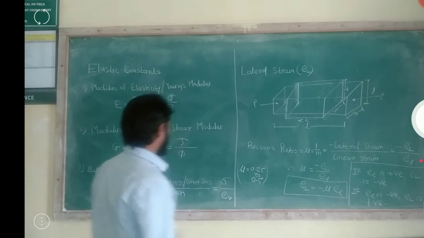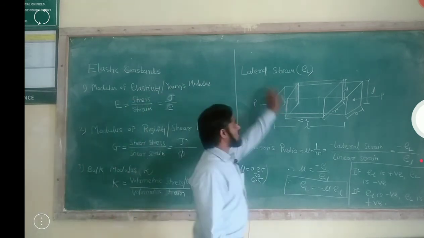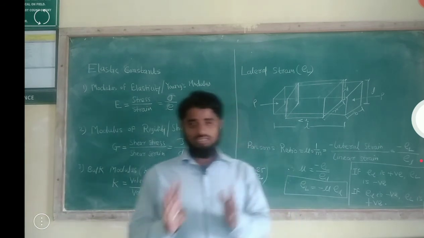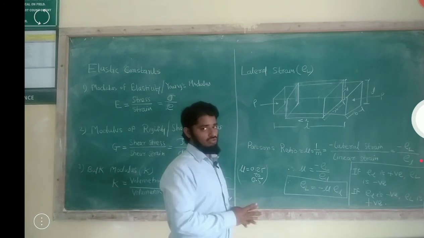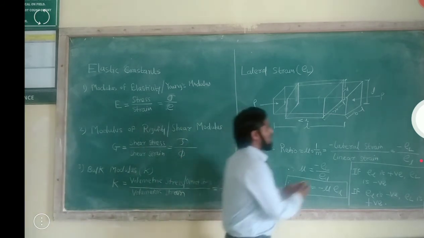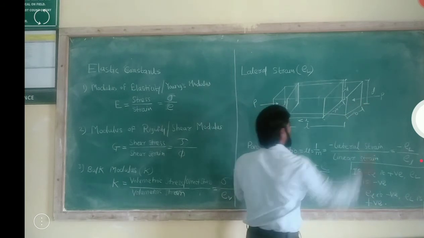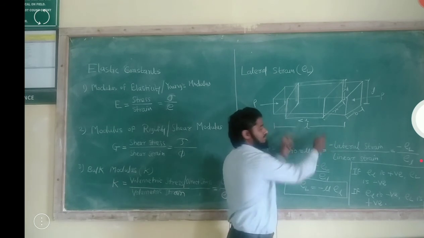Before starting the relations, we first need to know what the lateral strain is. When a particular body is subjected to an externally applied force, what will happen? Here the load is applied in a compressive nature. The length of that body will decrease.